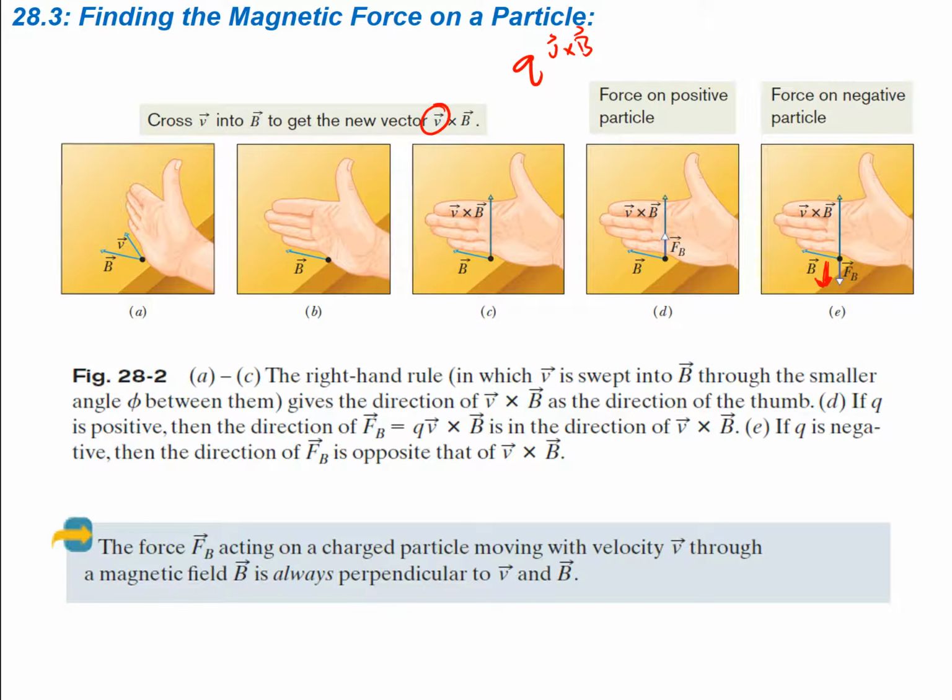The force F_B acting on a charged particle moving with a velocity v through a magnetic field B is always perpendicular to v and B. So if v and B are in the x and y plane, the direction of the force is always going to be perpendicular, which is going to be in the z direction.